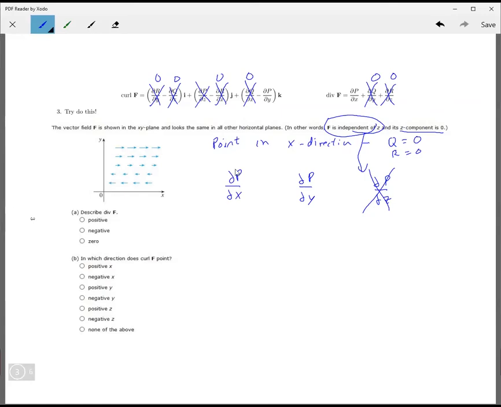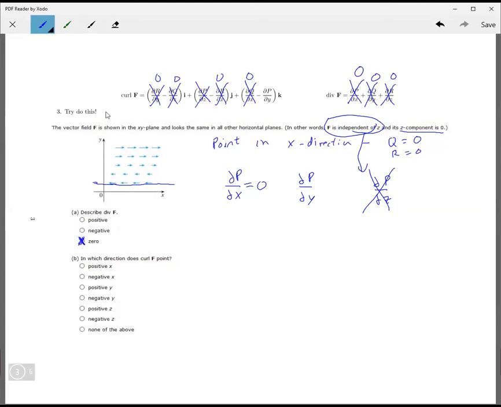Now look at this: dp/dx. As we move in the x direction, do these arrows get smaller or larger? No, they're constant. So this is 0, and that's gone. That means the divergence is already 0.